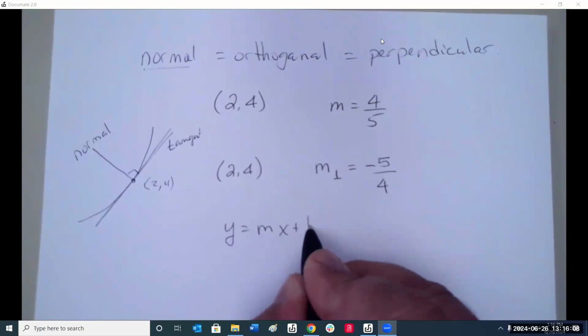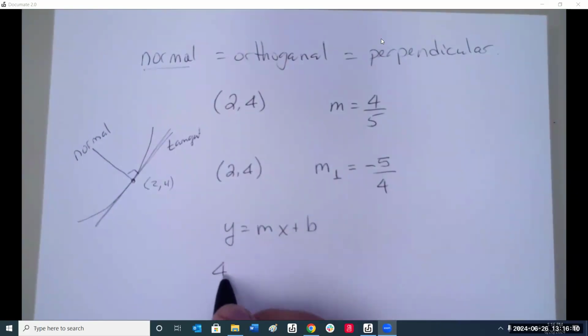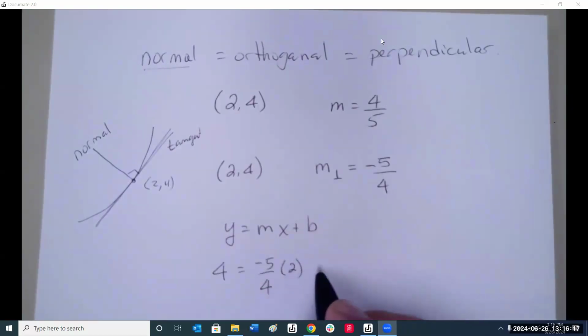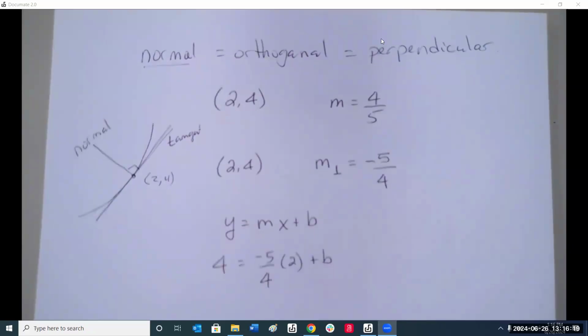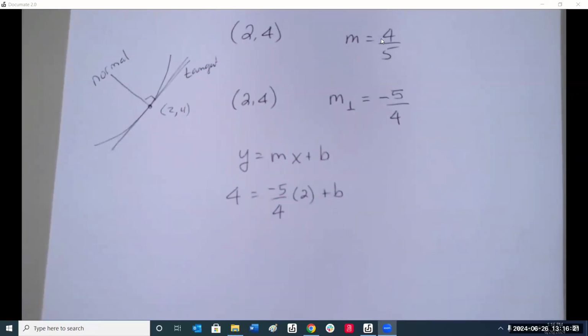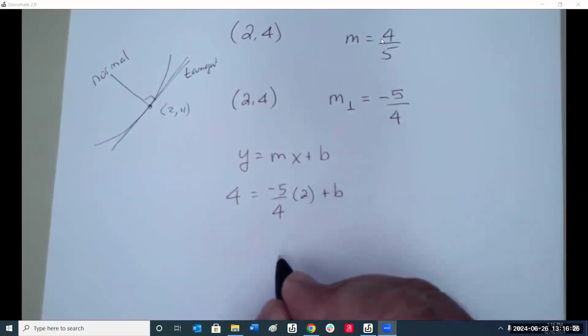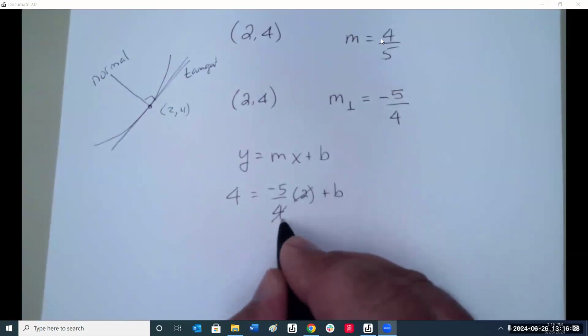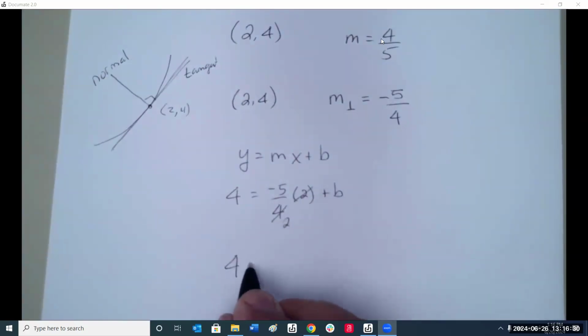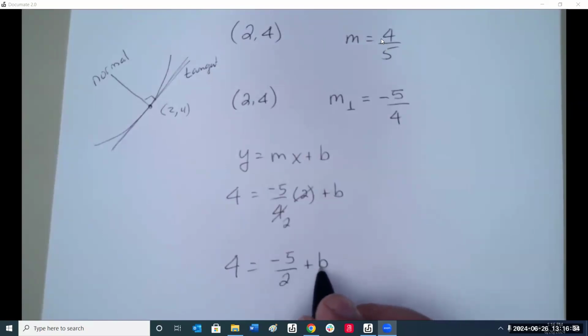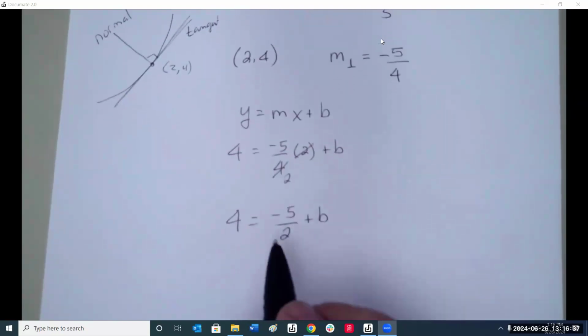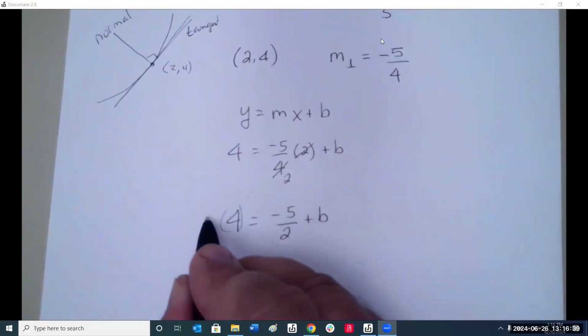We use the same formula. We have to solve for b. So we have 4 for the y, negative 5/4 times 2. The 2 and the 4 cancel. Multiply by the LCD.